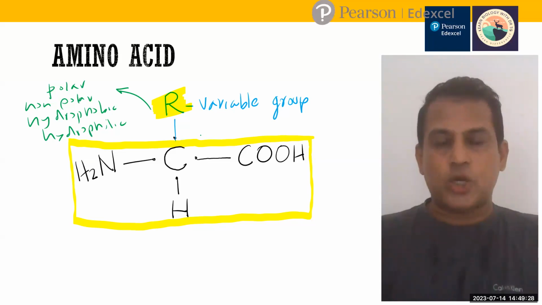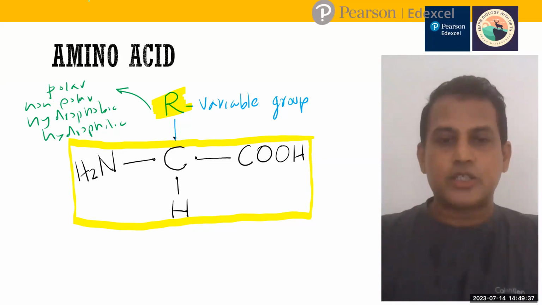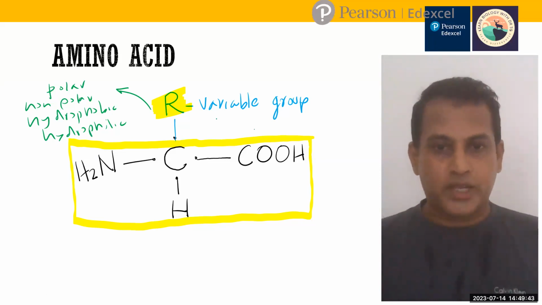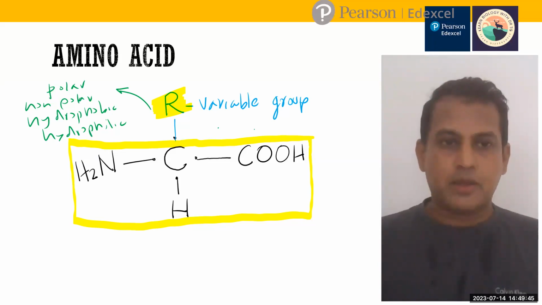how amino acids join to make protein molecules. So I'm going to show you here 2 amino acids joined together to make the protein molecule.